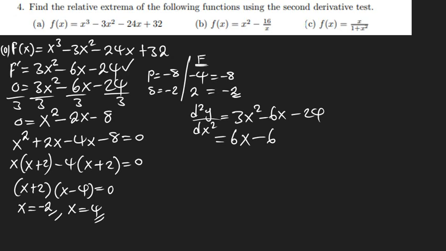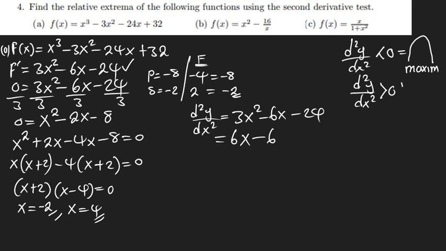Now, when you reach here, in the first lesson I had already shown you that whenever d squared y over dx squared is less than 0, your curve is going to be like this, which implies that you have a maximum value here. But if d squared y over dx squared is greater than 0, your curve is going to be like this, which implies that you have a minimum point here.